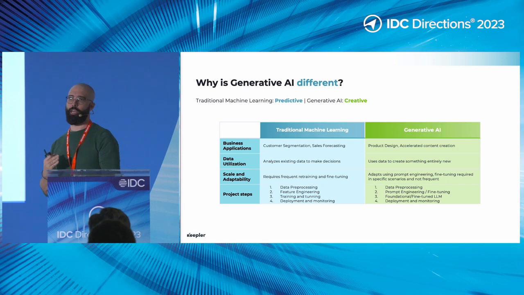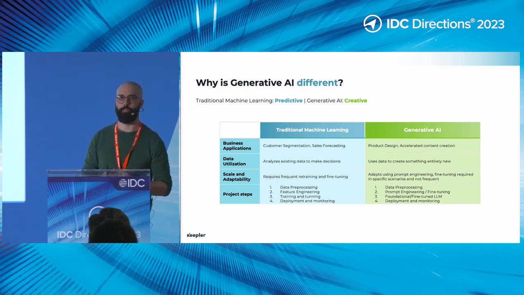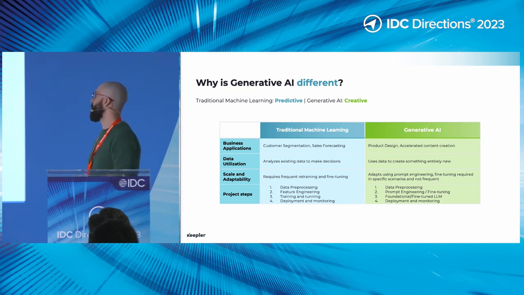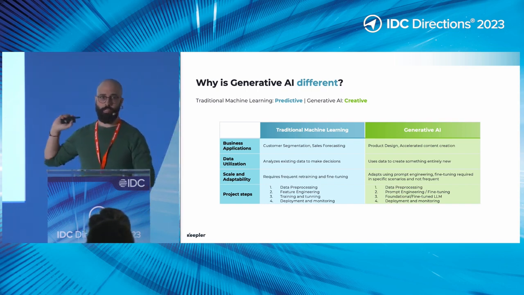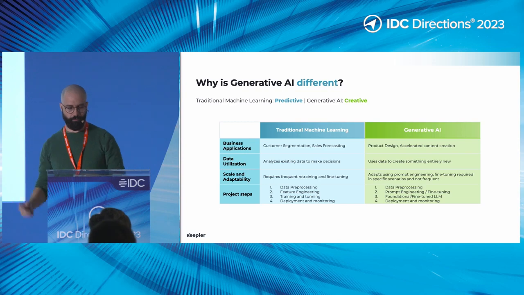You can enhance the capacity of your user or your team force to access your internal information, which is huge, by the way. In traditional AI, data analyze the existing data to make decisions. Generative AI creates something new. All that is an important comparison to keep in mind.